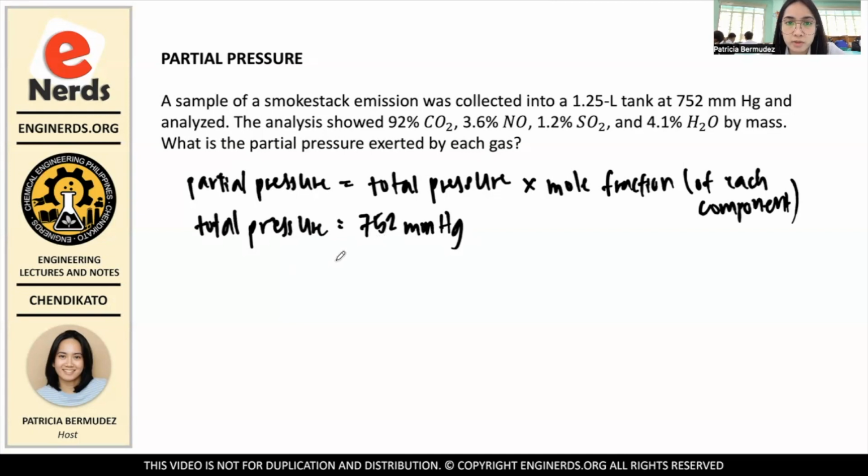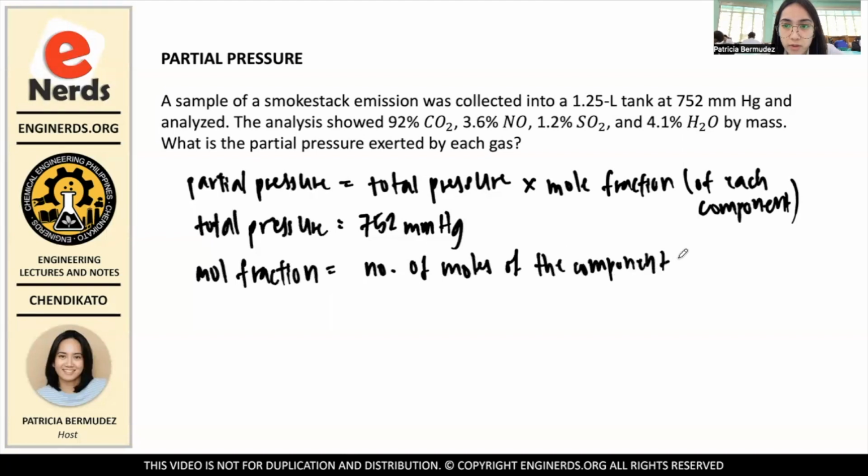Okay, so the next step that we have to do to find the partial pressure is to find the mole fraction of each component in the sample. So mole fraction is actually the number of moles of the component.